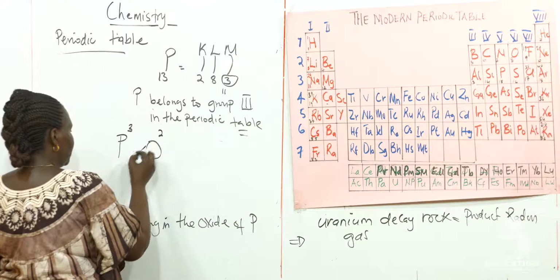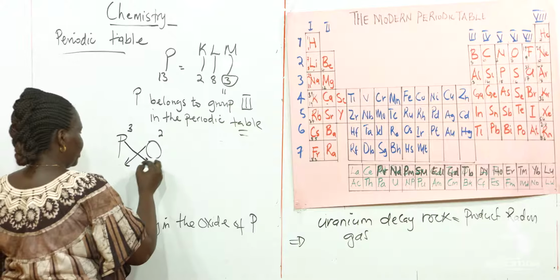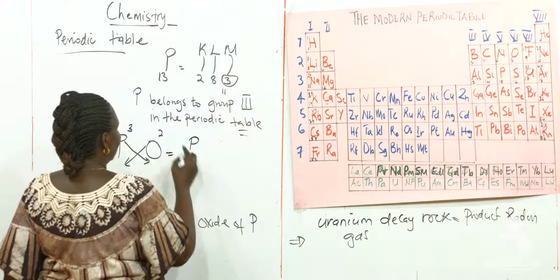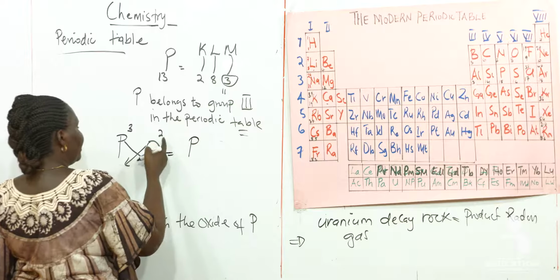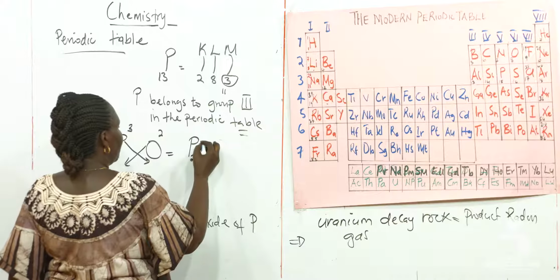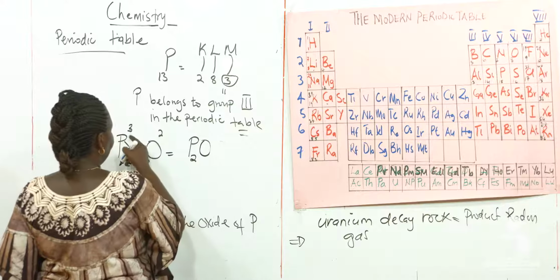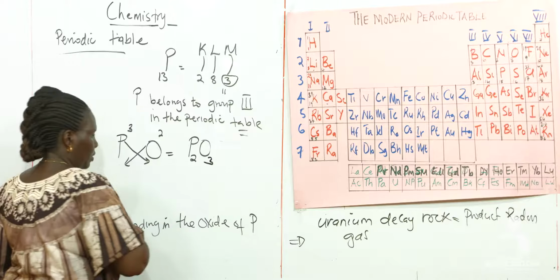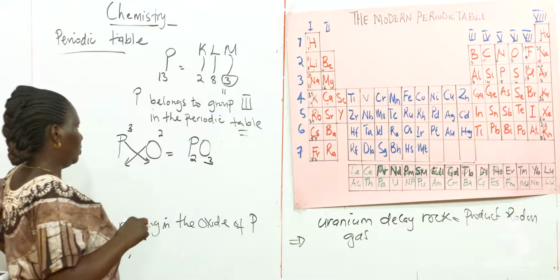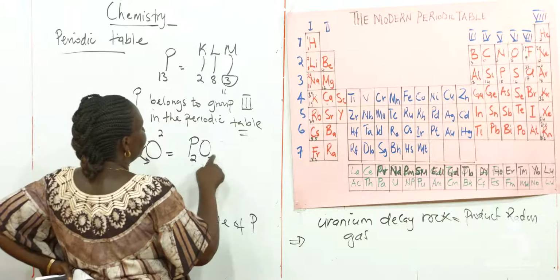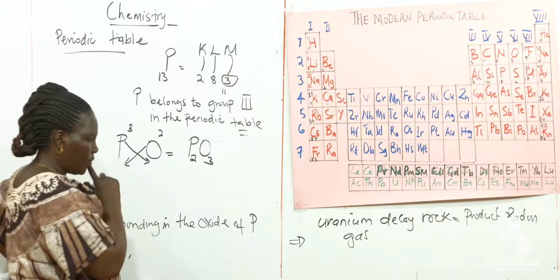The next step is we exchange the valencies and write them at the bottom. If we bring the valency of oxygen to P, we will have 2 atoms of P. Then we bring the valency of P to O, giving P2O3. So that is 2 atoms of P reacting with 3 atoms of oxygen.